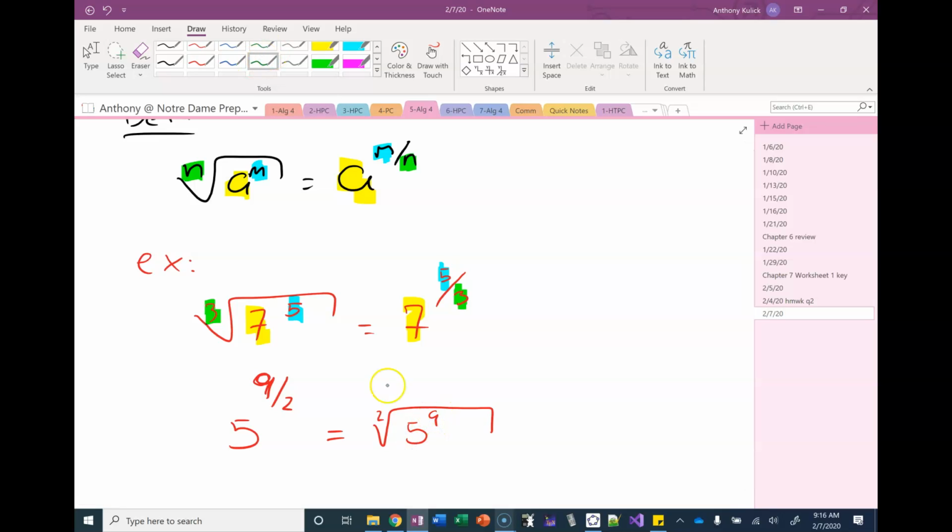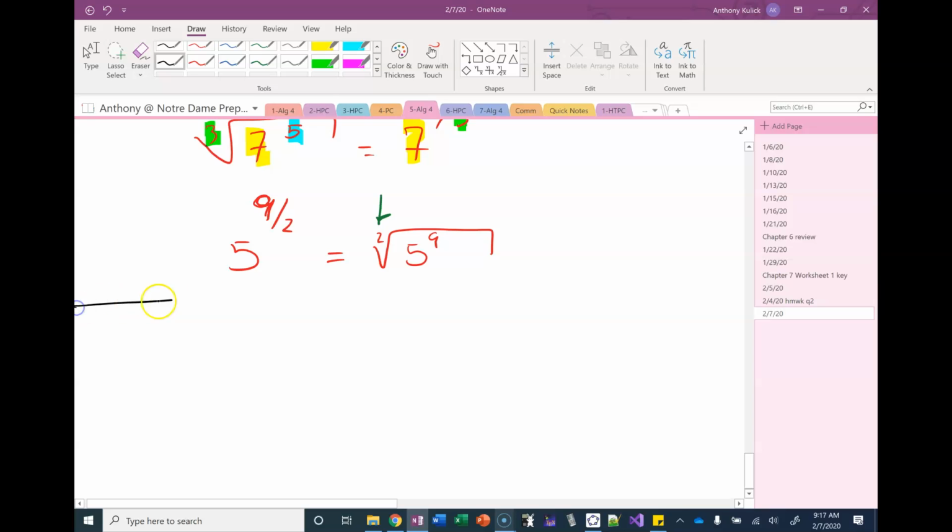Worth noting here, do I have to write this 2 here? No. Why not? A square root has an index 2, and we don't usually write the 2 there. It's not wrong to include it, but we don't need it. Just FYI. Okay. Everybody feel comfortable with going back and forth between these two forms? Pretty easy, right?